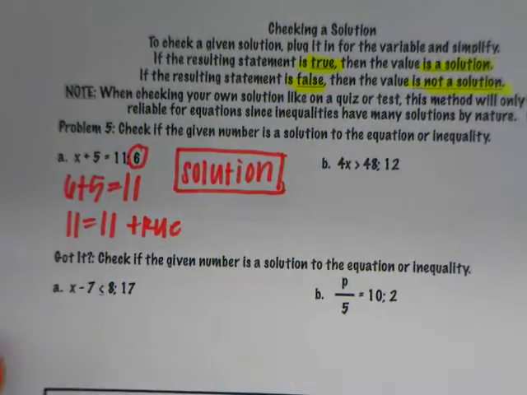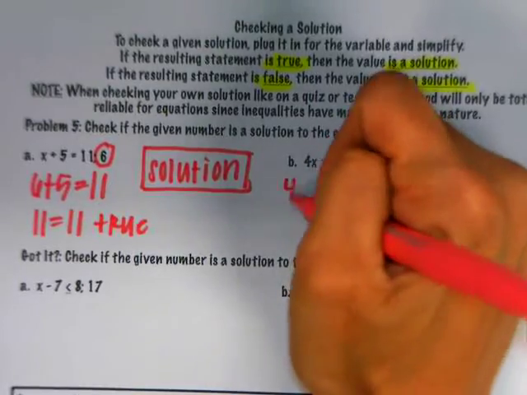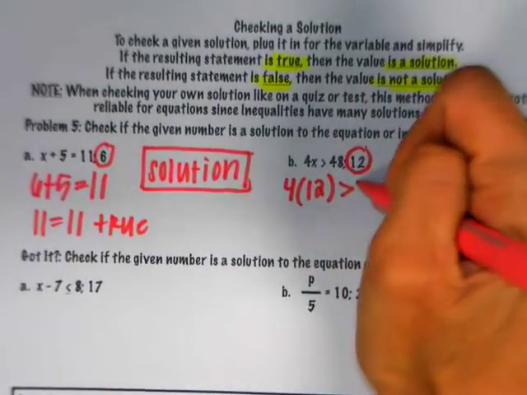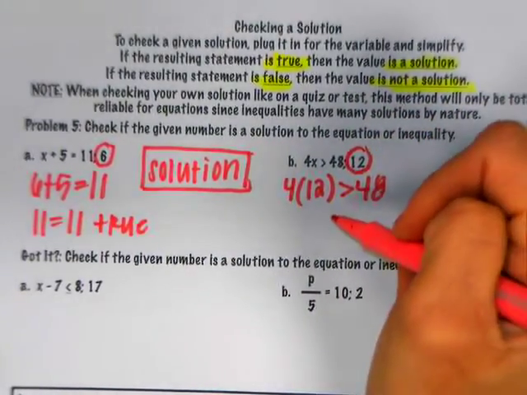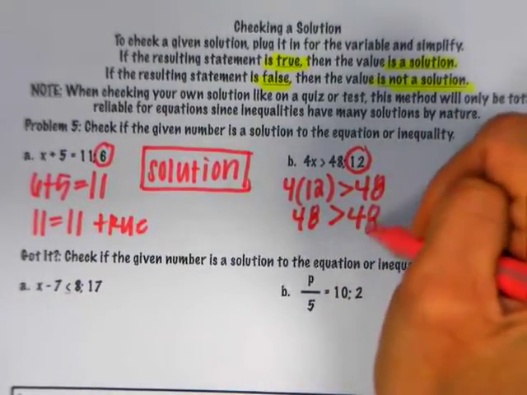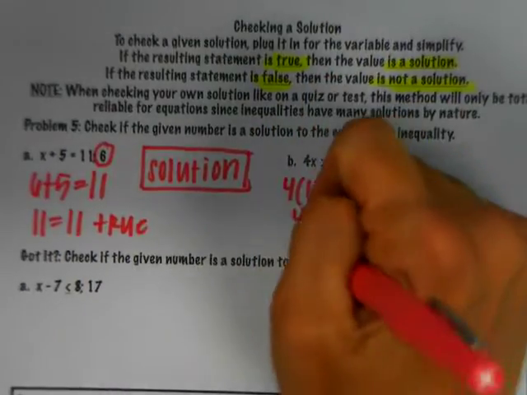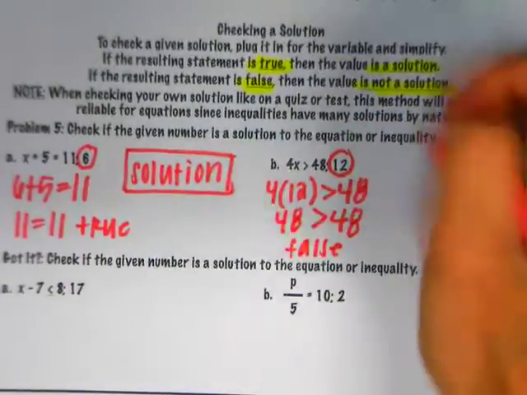All right. On this one, we're checking 12. So 4 times 12. What's 4 times 12? 48. Okay. Is 48 bigger than 48? No. So this is not a solution.